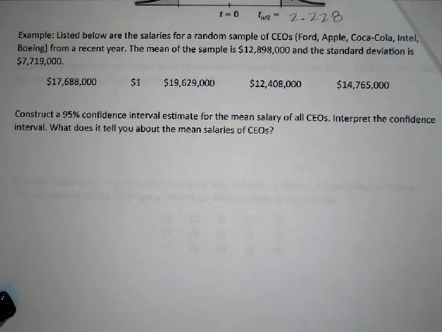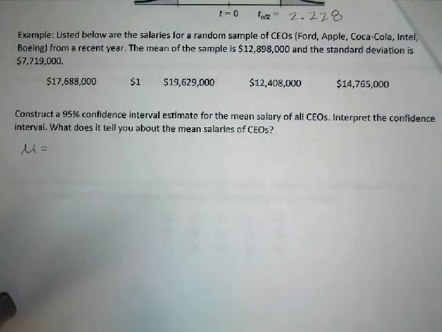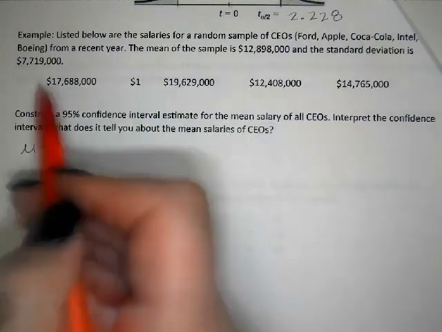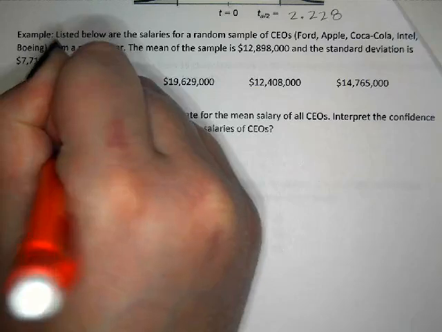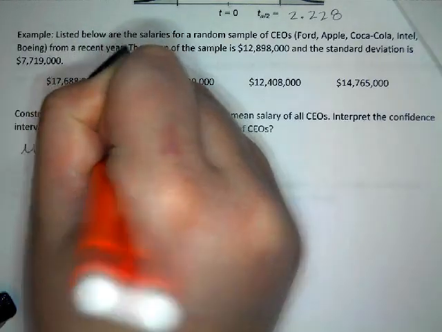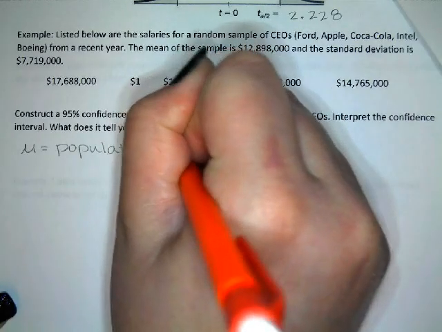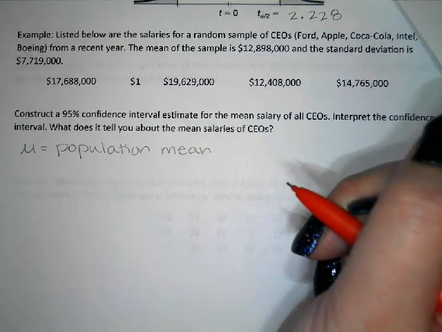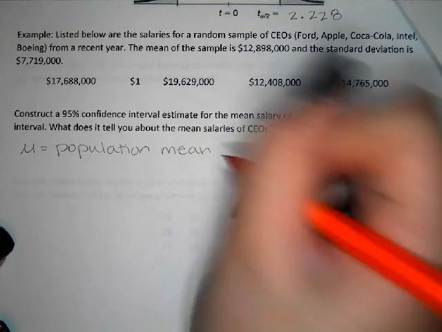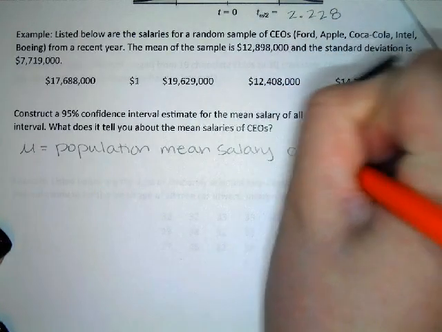Just like we did with the population proportion, where we said p is the population proportion of whatever we were trying to find, here we're going to say mu is the population mean of whatever we're trying to find. So mu is the population mean salary of CEOs.